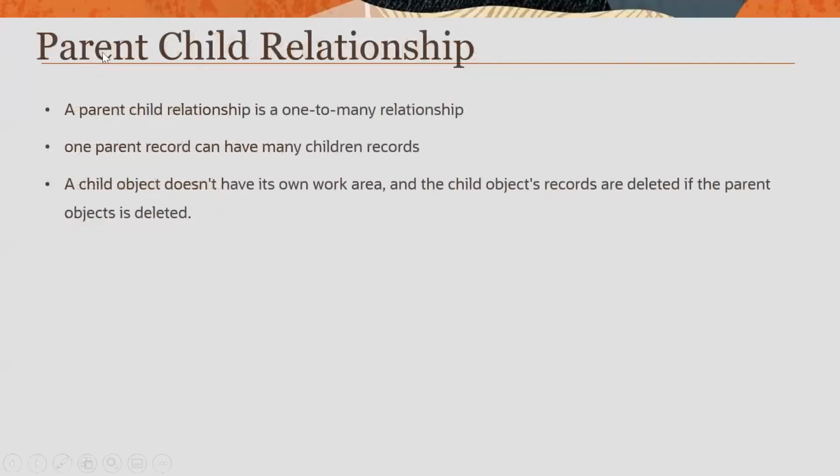We'll talk first about the parent-child relationship. The parent-child relationship can also be considered a one-to-many relationship, because one parent can have multiple children. The child object depends on the parent record.